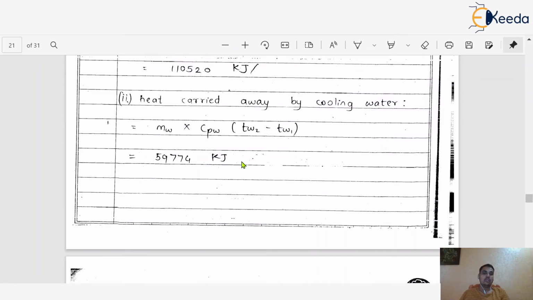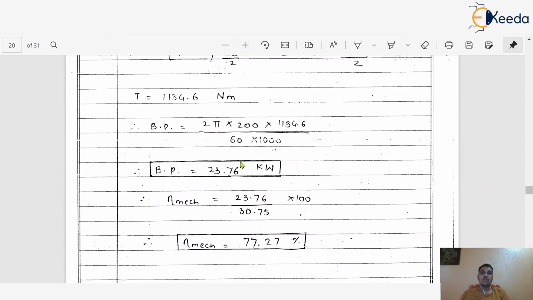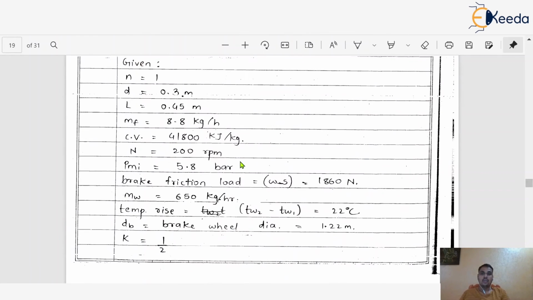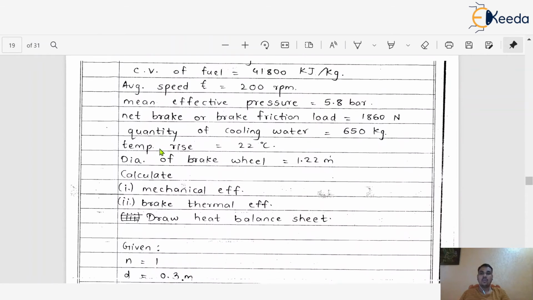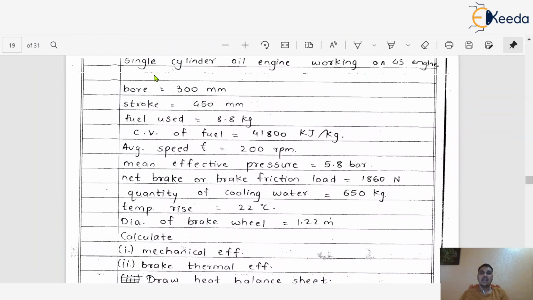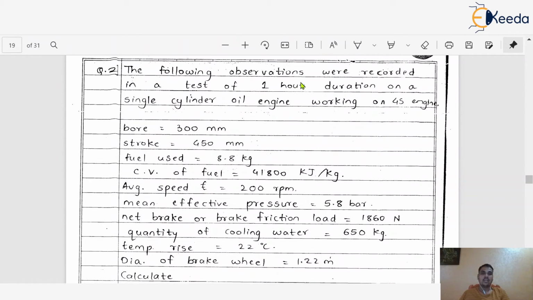My dear friends, in this particular case, nothing is given for the exhaust gases. If you read the problem thoroughly, there is no data given for heat carried away along with the exhaust gases. Nothing is recorded in the statement of the problem.